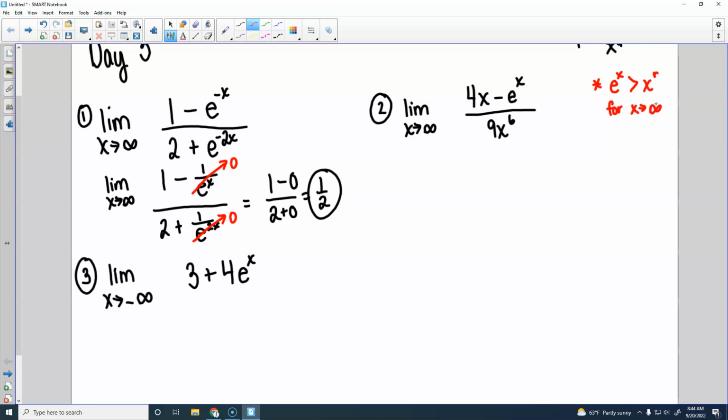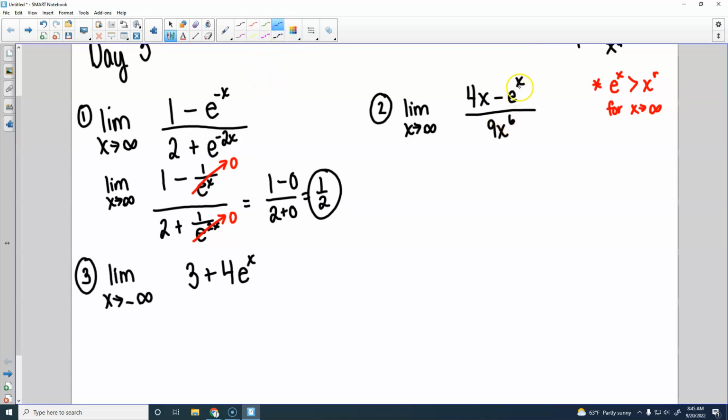So for large numbers, your e to the x actually has a higher degree than that x to the 6th. So we can basically do Bobo Botno here. This one, though, would be bigger on top because that e to the x is going to be your highest exponent, even though it's not directly comparable to the x to the 6th.